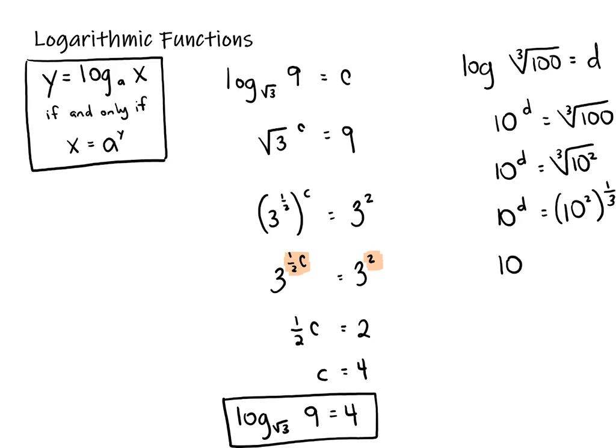And so we're going to take those powers and we're going to multiply them. 2 times 1/3 is 2/3. And since I have both sides written as 10 to a power equal to each other, then I can say that d is equal to 2/3. So log of the cube root of 100 is equal to 2/3.